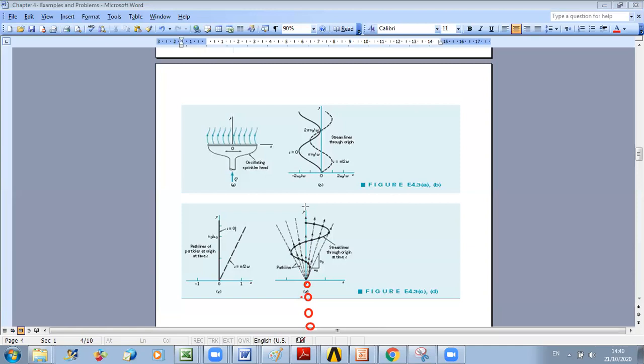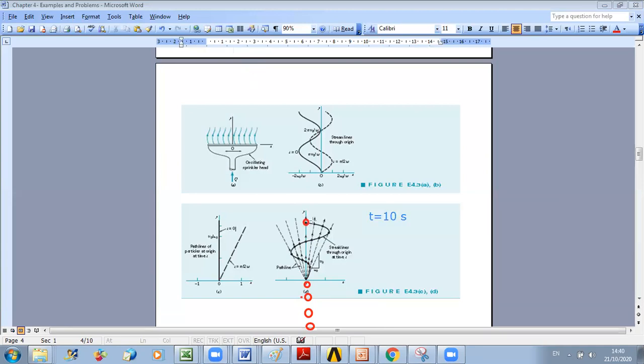If you decide at t equal 10 seconds to see the position of your particles, this one will be the farthest one. It will reach the highest position. So the first particle will be here in this position.